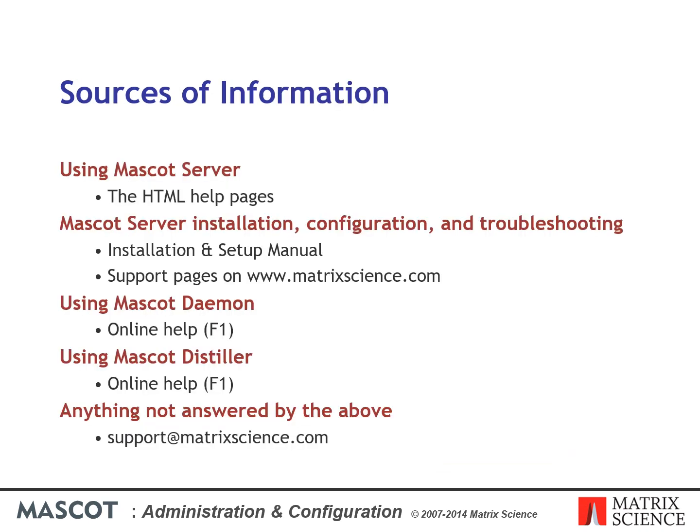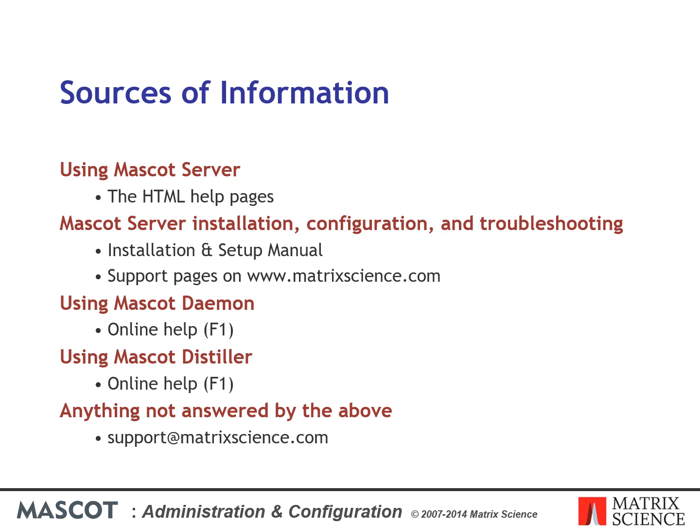Finally, a reminder of where you can find technical information about Mascot. For using Mascot Server, there are the HTML help pages, which are online on your local server and on our public website. For Mascot Server installation, configuration and troubleshooting, see the installation and setup manual, and the support pages on www.matrixscience.com.